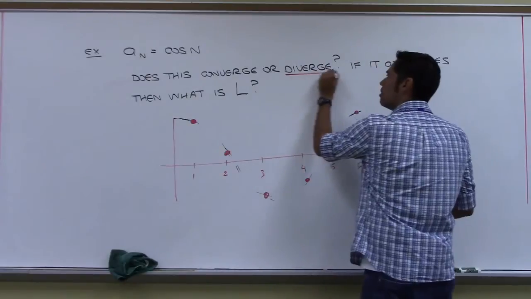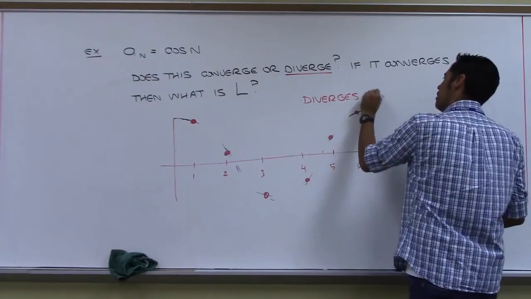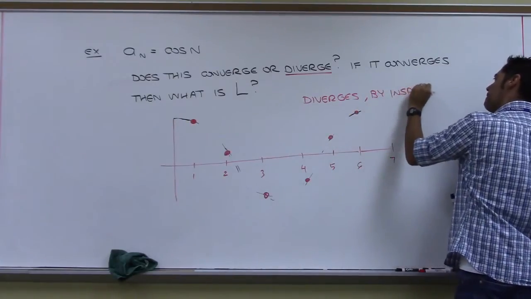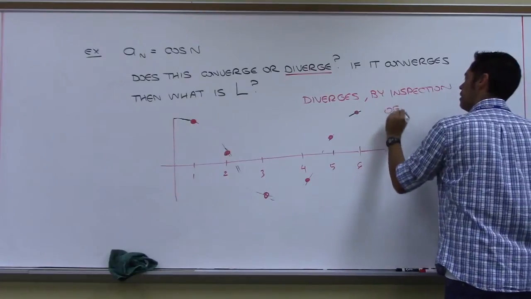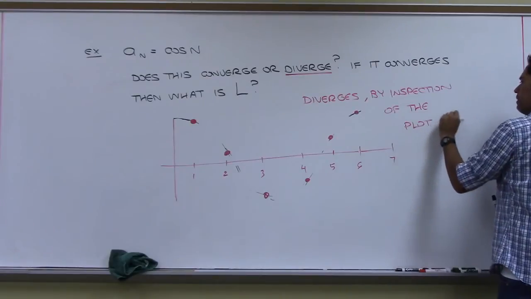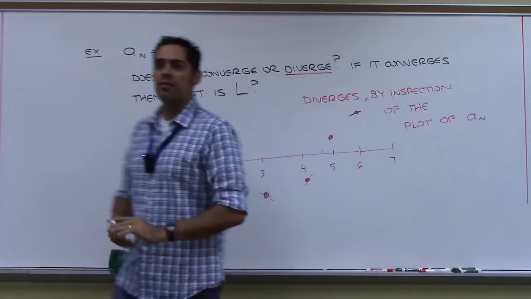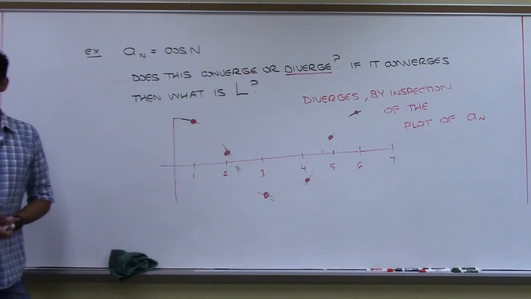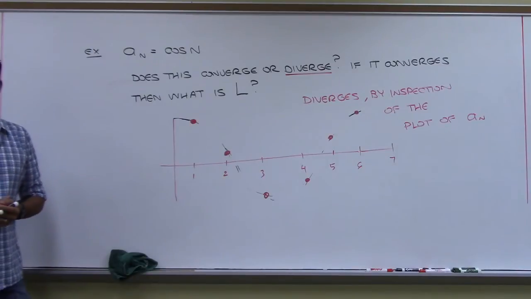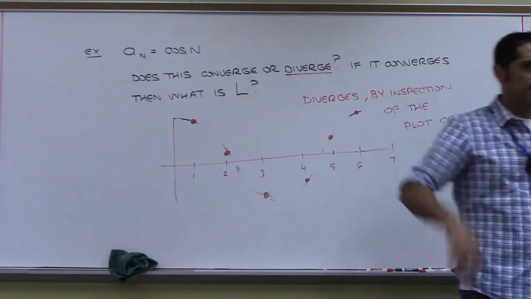So it diverges, by inspection of the plot of A sub n. So I'm explaining to whoever's reading this that my conclusion for divergence is drawn from my graphing of the cosine sequence and the dots. And that's good enough for an explanation. There's no math you're doing here. It's more of just analyzing things.